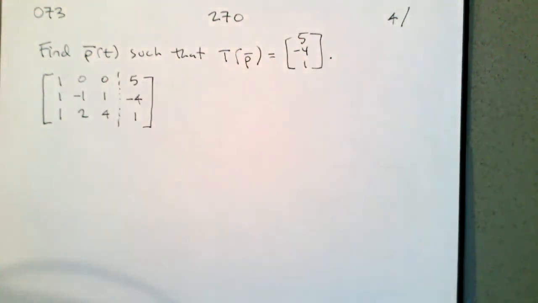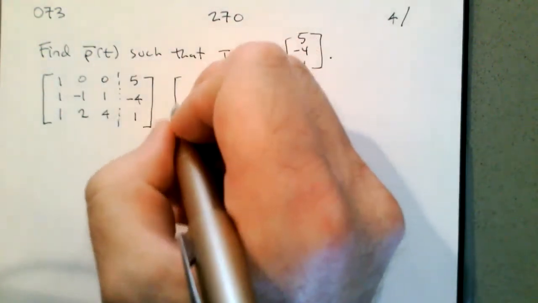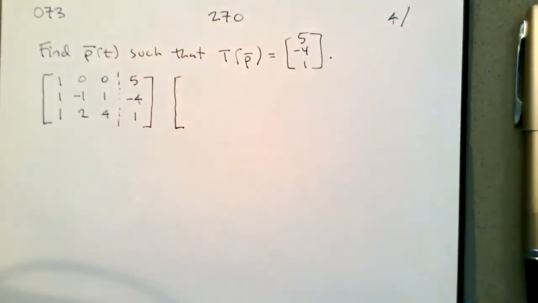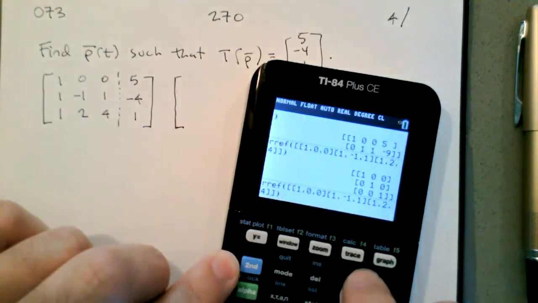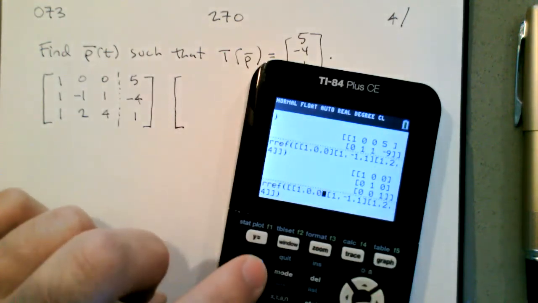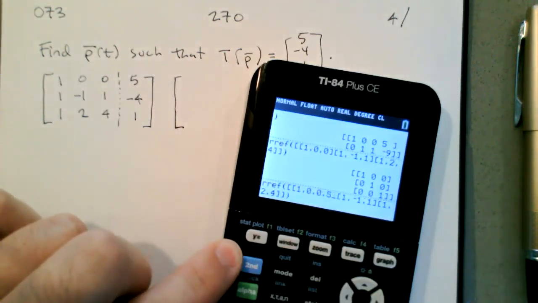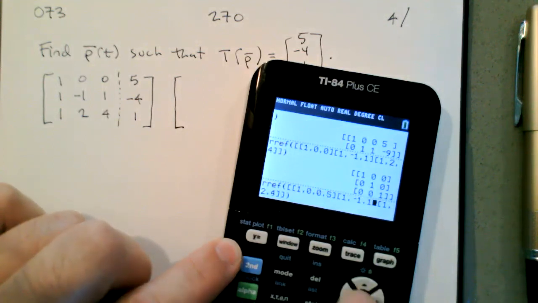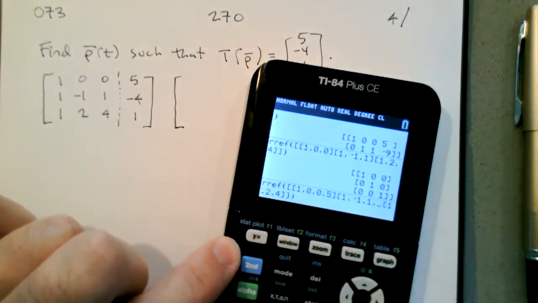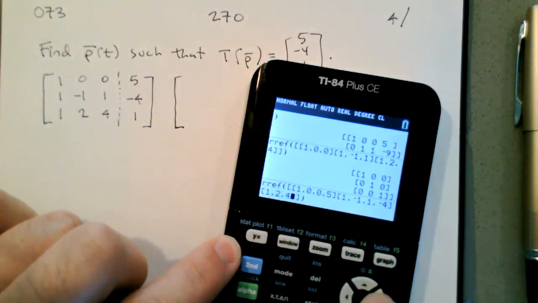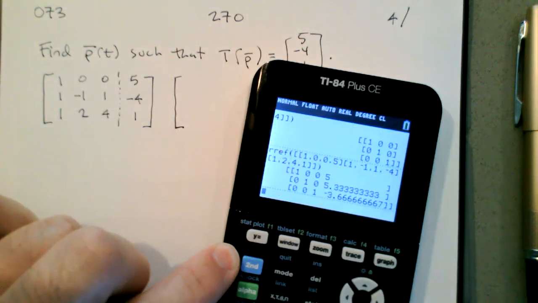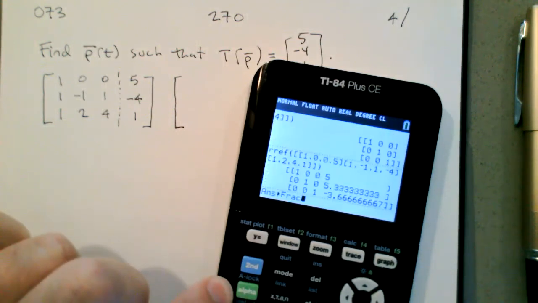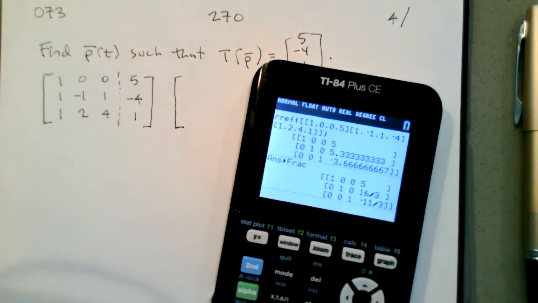So now I'm going to try to find the coordinates of my polynomial. I'm going to modify the last thing I did. I'm going to insert, comma 5. Next row, I will insert, comma -4. Last row, insert, comma 1. You end up with fractions if you do things randomly.